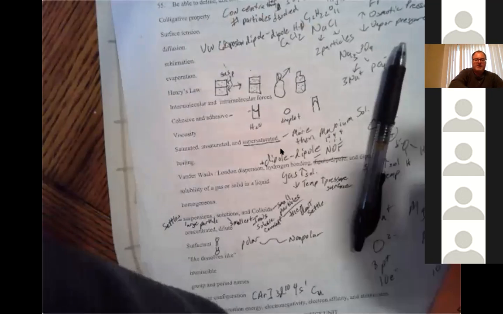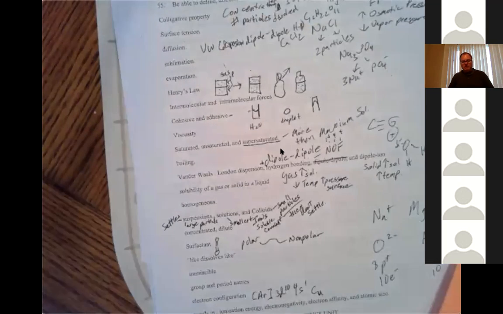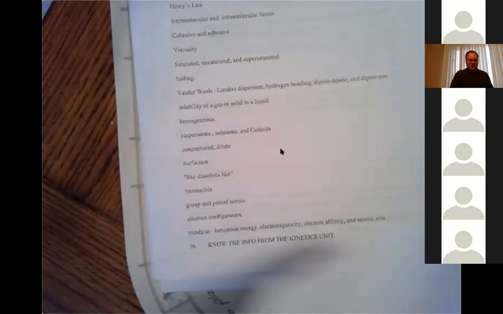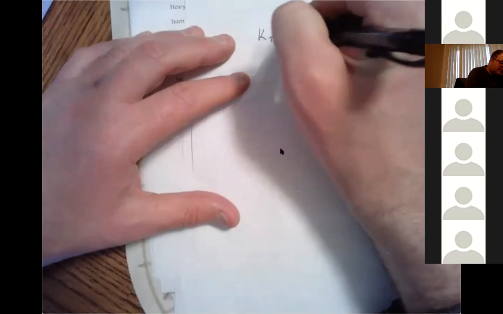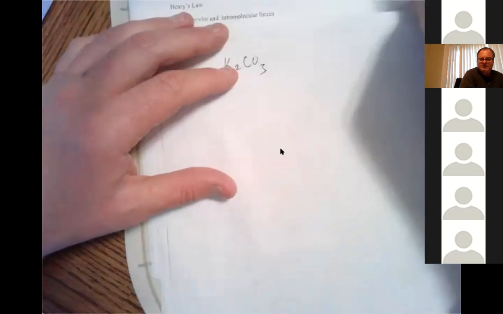So basically, we are writing out a reaction. K2CO3 plus barium nitrate.